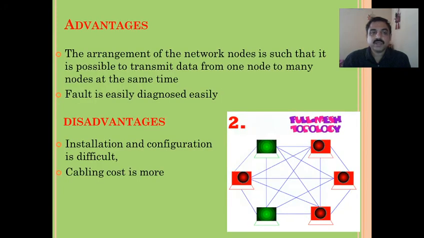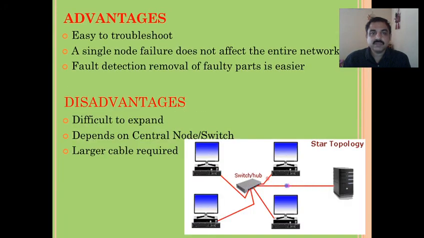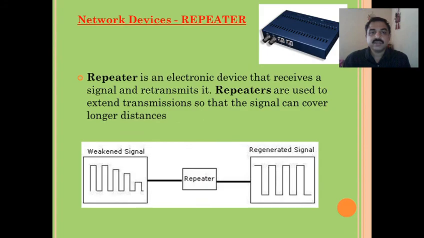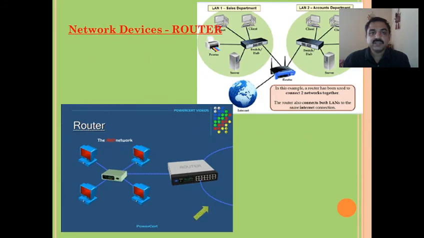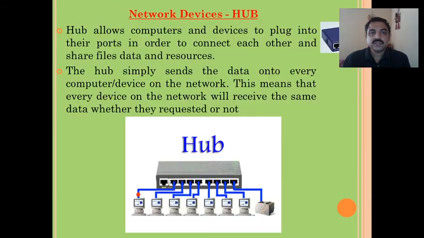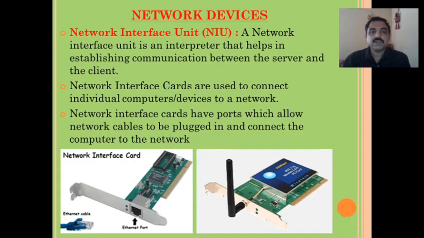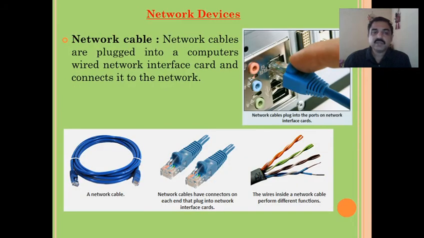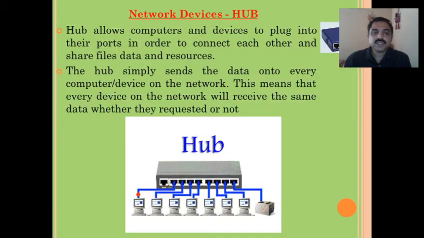So I hope you understood the concept of networking here, and we saw the various devices, then the topology. First we saw the network interface card. It is a device required in each system. Then we saw network cable. The network cable is plugged into the network interface card. Then we saw hub.